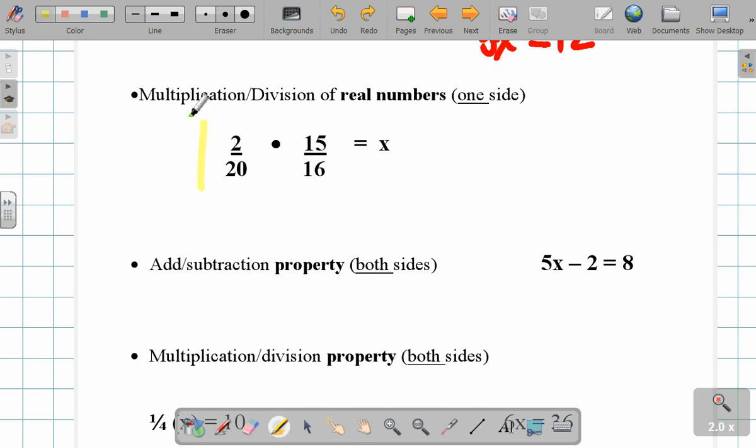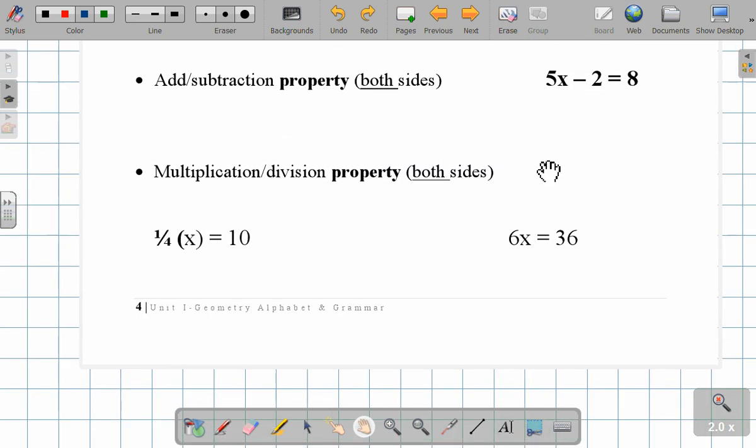I'd like you to go ahead and box this. Notice again, I'm on one side. So because I'm on one side, I can go ahead and divide stuff out. And because it's on one side, not to be confused with this.